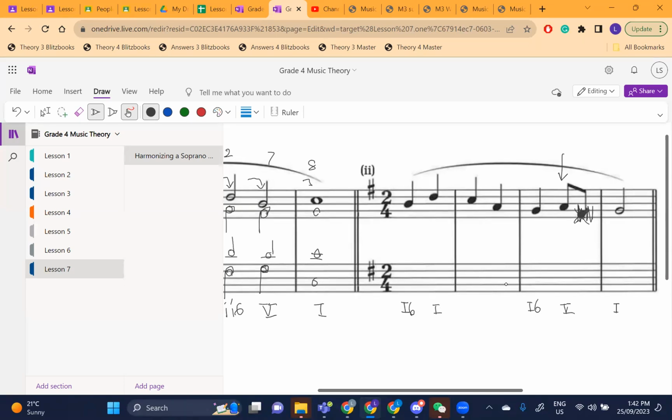Voice exchange, normal. You know what would be really creative? Then 2/6. That's creative, but it sounds weak. Why?